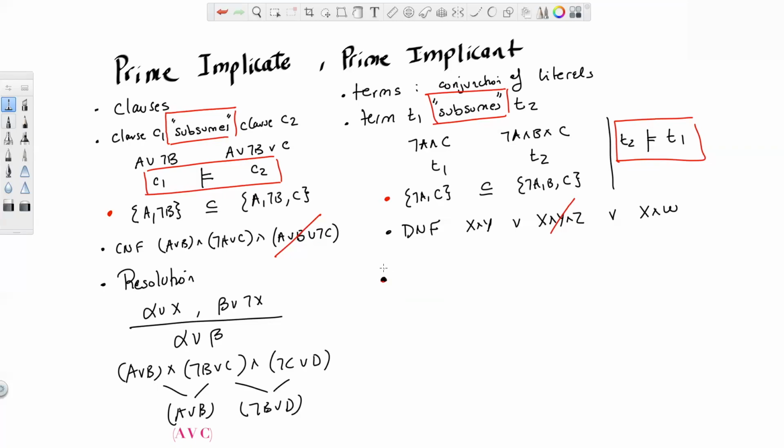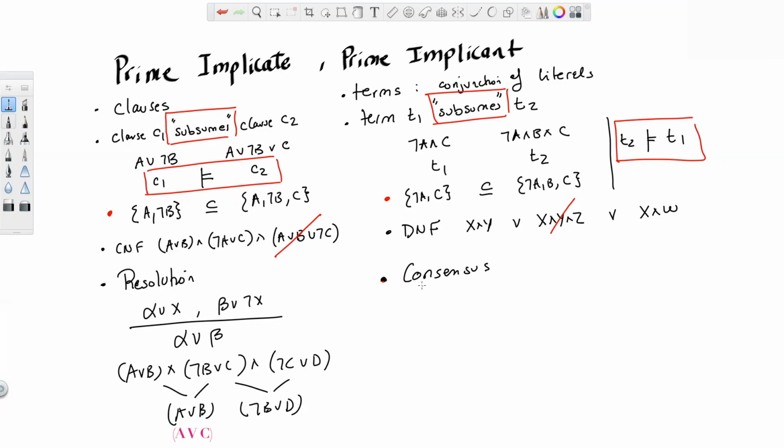So we always think about clauses as things that follow. So when I write this, you're saying, oh, this knowledge base is saying that A or B must be true. Here, you think about it differently. You think about it as saying that if X is true and Y is true, then this formula is satisfied. So let me show you here the corresponding rule to resolution, which we call consensus.